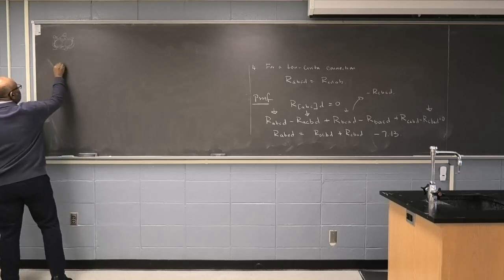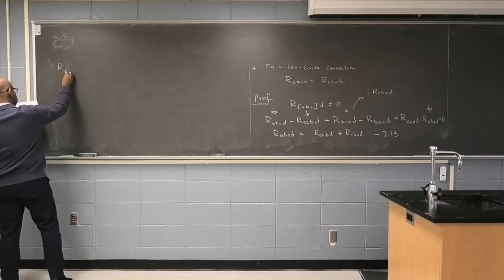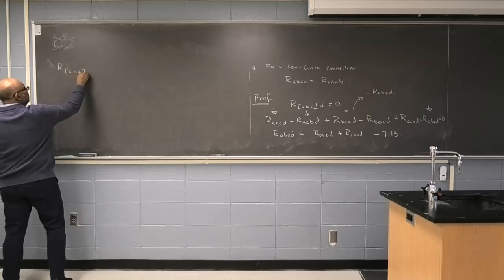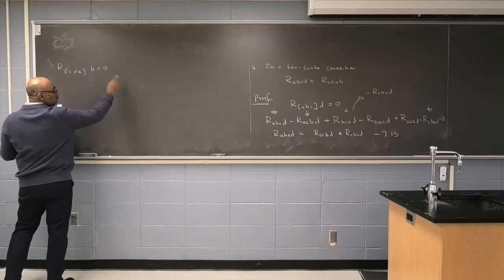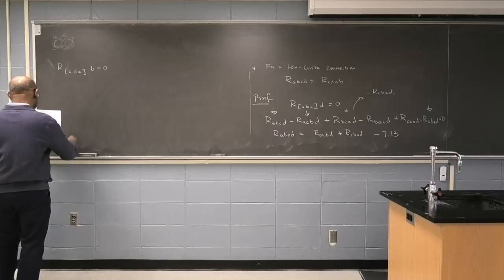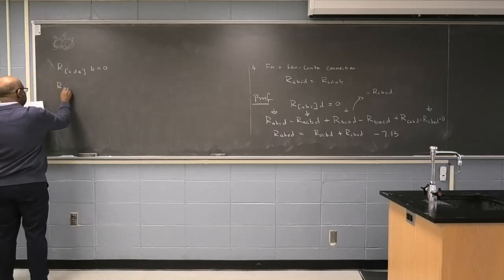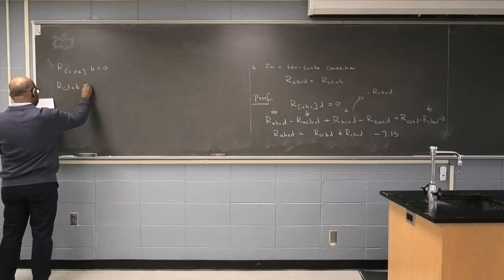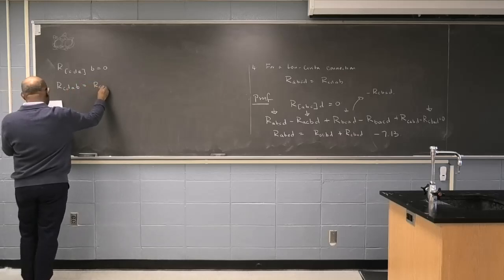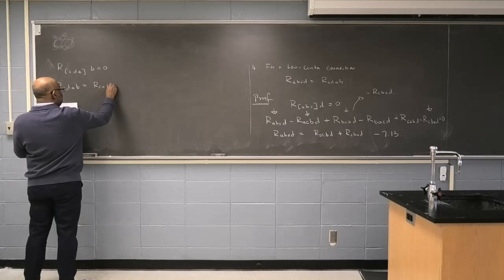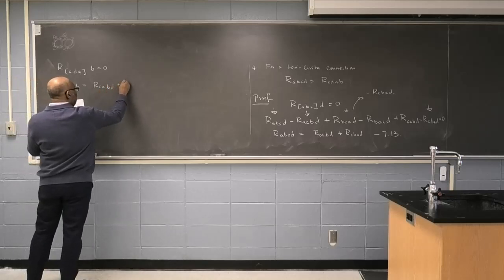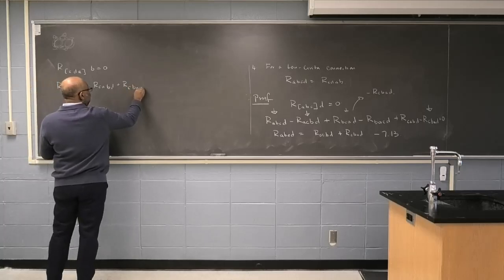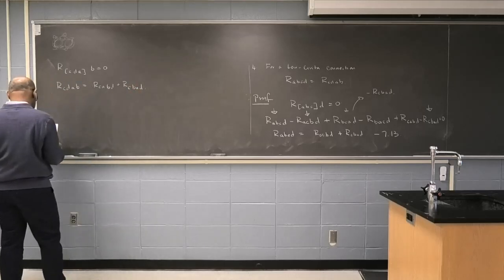C from R, CDAB equal to 0. Just like that, you will get R CDAB is equal to R CABD plus R CDAB.